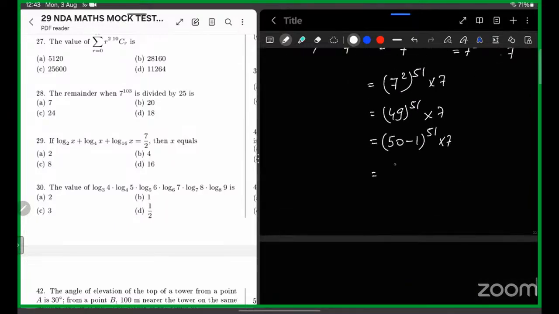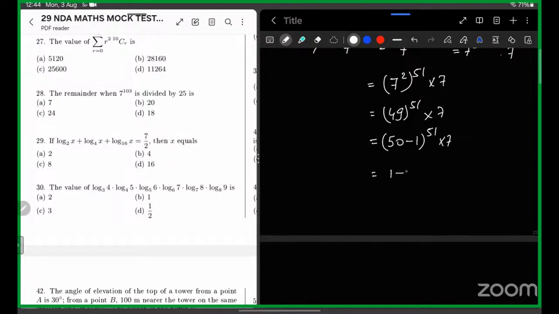Okay, next, 50 minus, divided by 25. They are asking us to divide it by 25. 50 is a multiple of 25, so 50 is always divisible by 25.